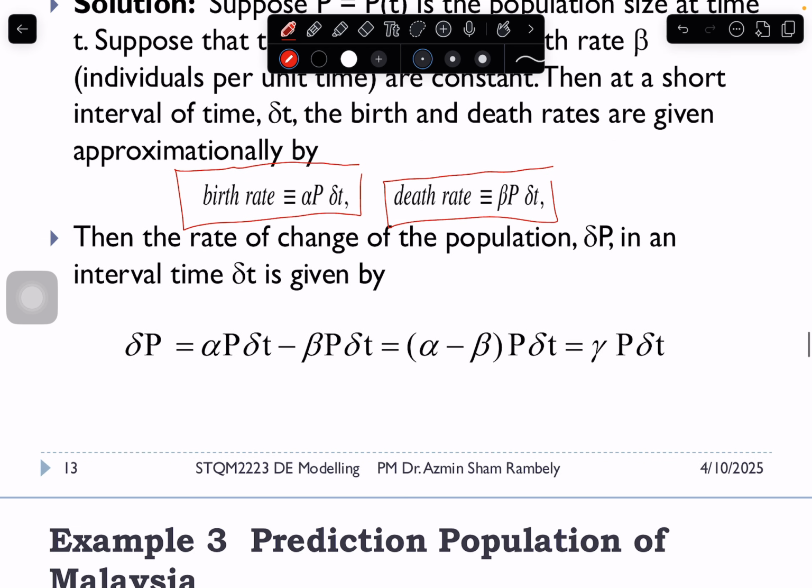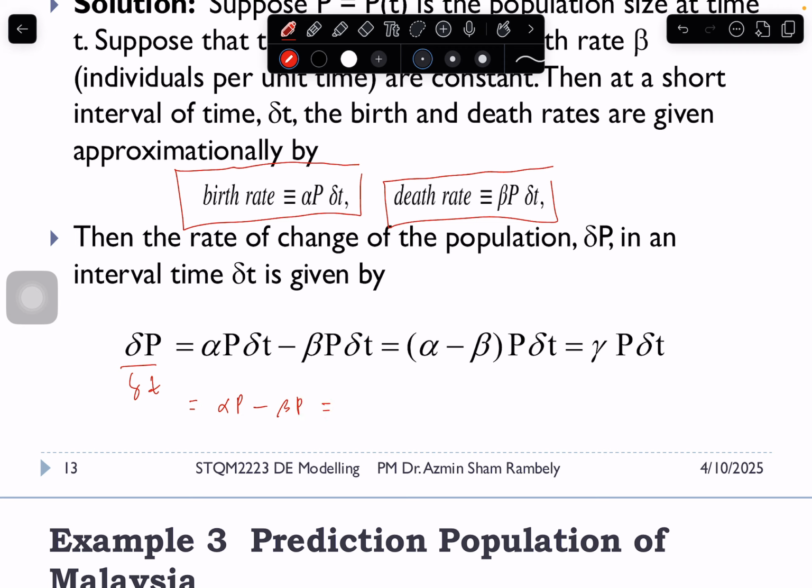So at any given time t, a very small time delta t, delta p is equal to alpha, the birth rate, minus beta, the death rate, multiplied by the population.